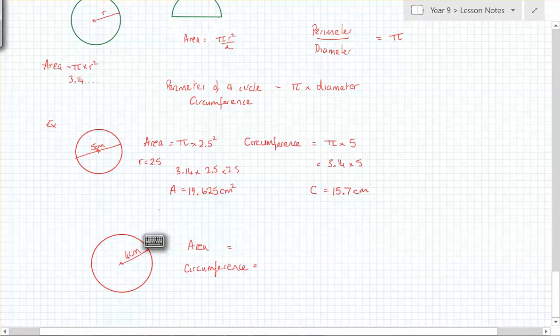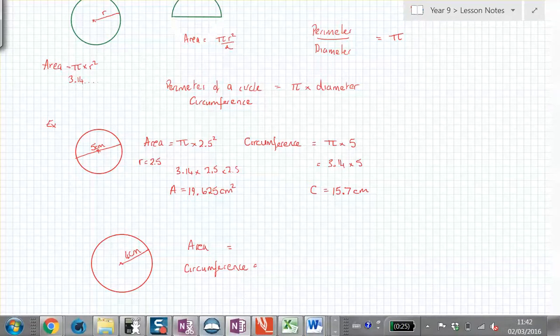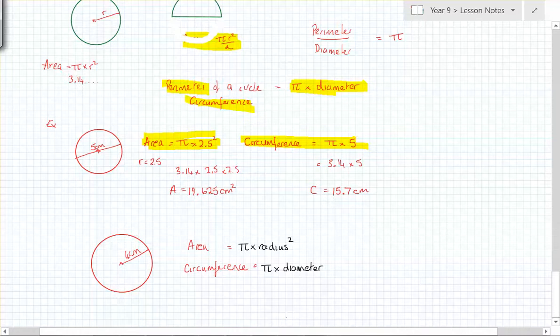Alright, so circle, 4 centimetres. Write that down like we did and then work out this next one for me, please, in your book. If we're doing area as pi times the radius, it's set up nicely for it. So it's pi times what?